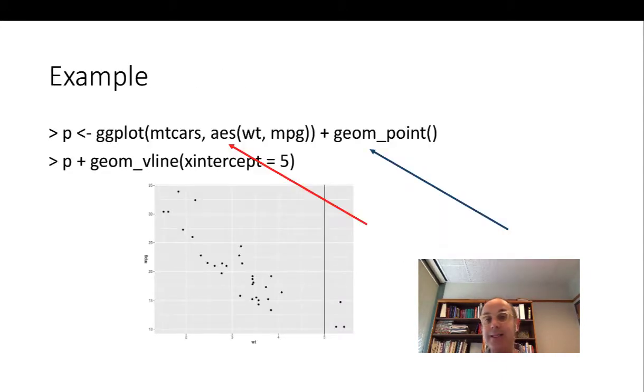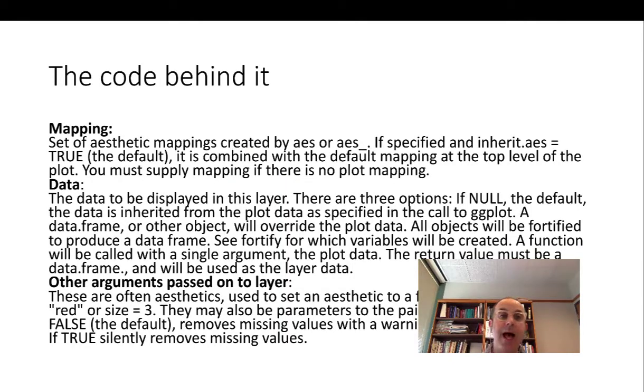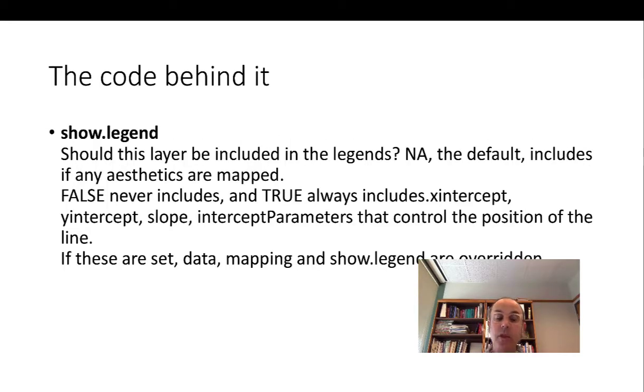So again, these are the points that I was trying to make with regard to the aesthetic and the geometrics. The code behind it, the mapping, the data, and other arguments based on a layer are all laid out for you so you will have a better idea what it entails.